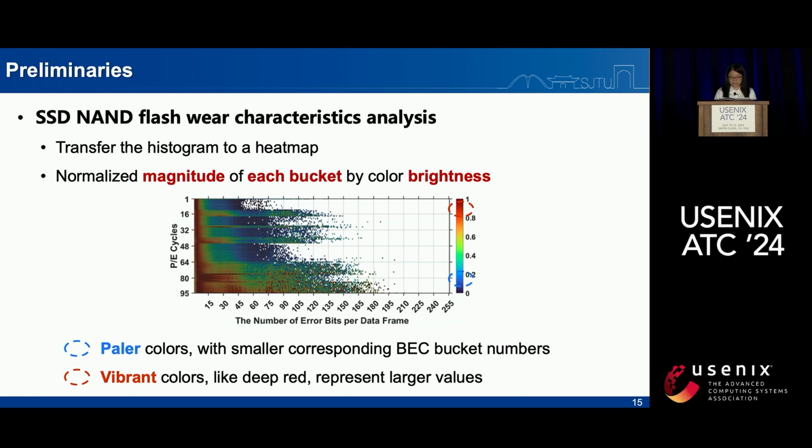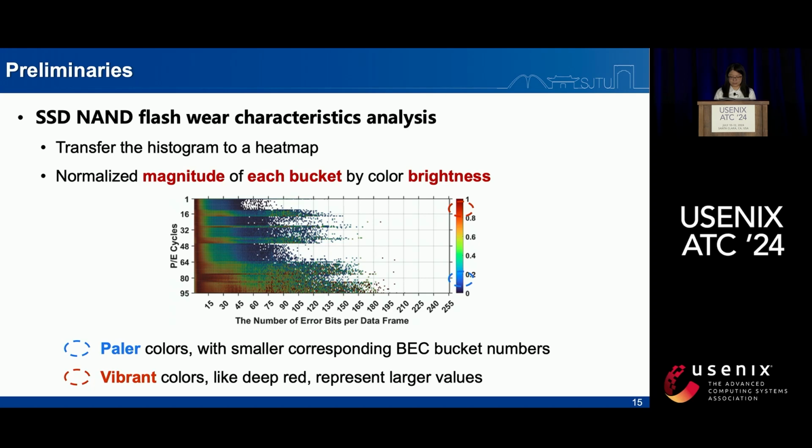So the brighter the color, the bigger the value in that bucket. It's worth noticing that there are spikes around the 30 PE cycles, since the earlier defective blocks that have intrinsically weak LUNs are wearing out in these cycles. This is consistent with the conclusion in our previous literature study.